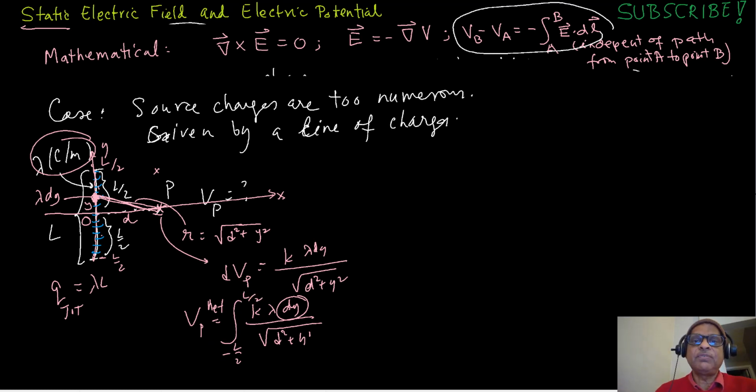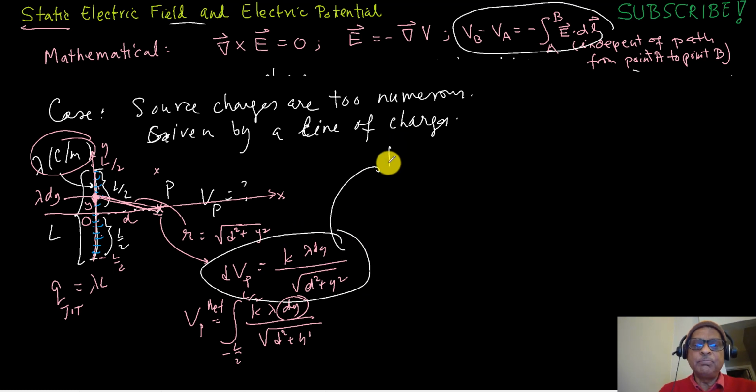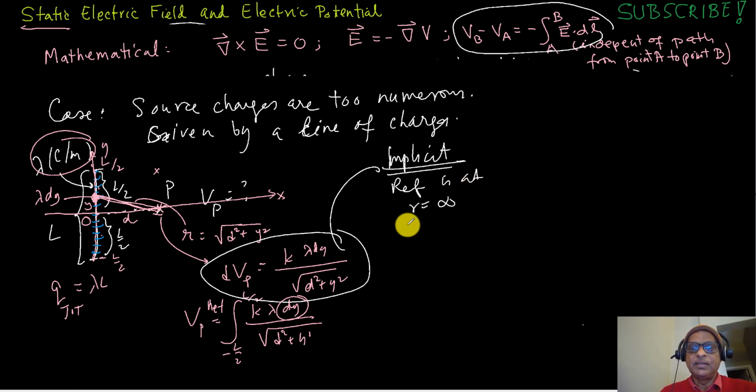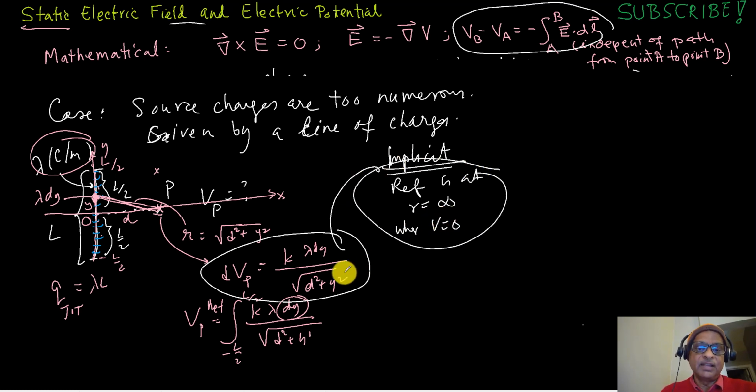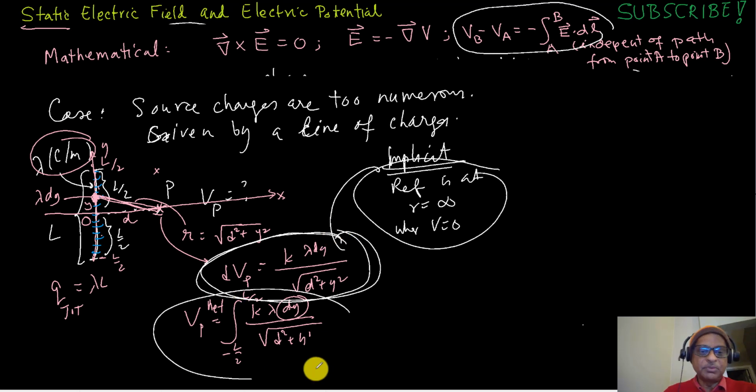And what's the reference? When we wrote this out, implicitly we assumed the reference is very far away from these charges, R equals infinity, where V is 0. So this is the reference, and that's why we wrote this formula down. And we can integrate it, and this integral is much simpler compared to the electric field integral.